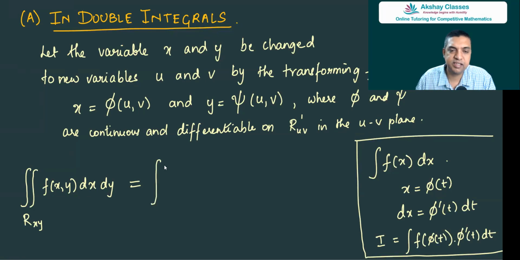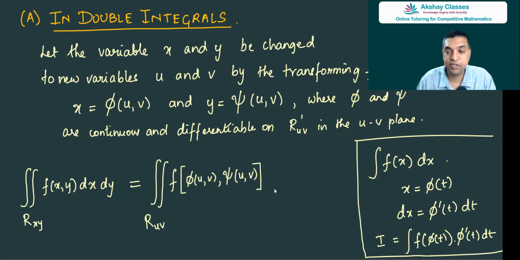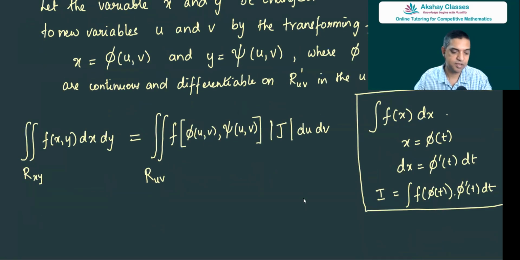Now, this is converted to a region in the UV plane, and x will be phi of u comma v, y becomes psi of u comma v. Then what happens to the derivative part? This is multiplied by the modulus of the Jacobian du dv. Now we read of Jacobian and partial derivatives.